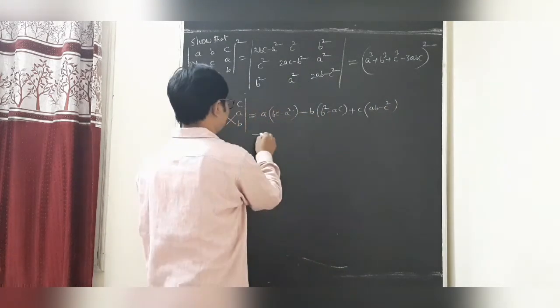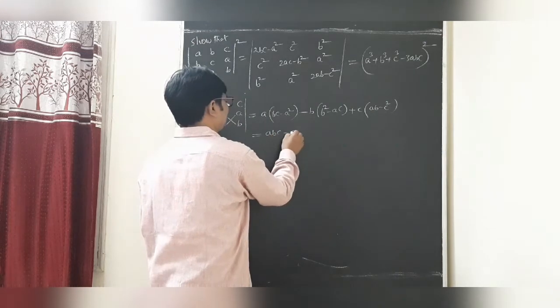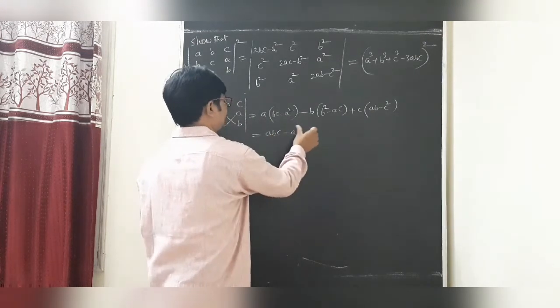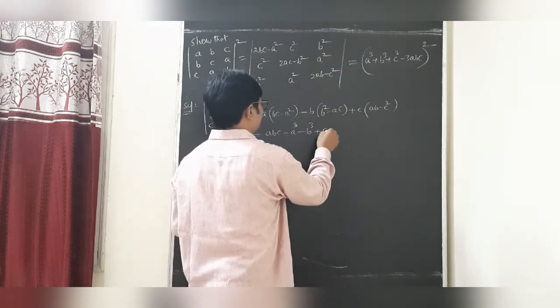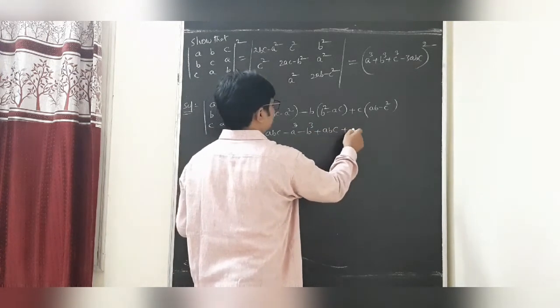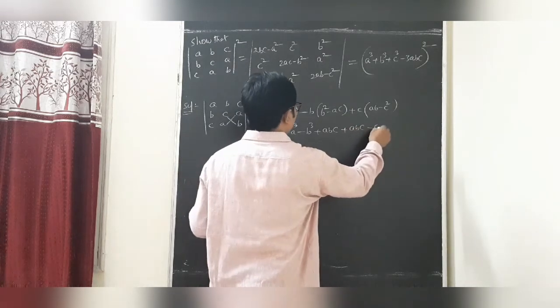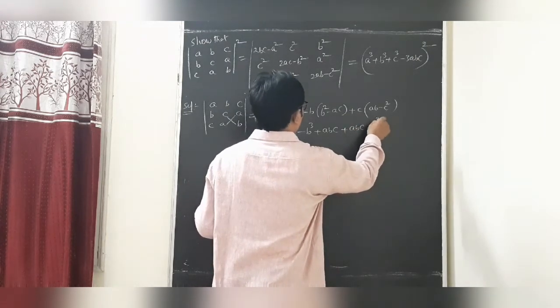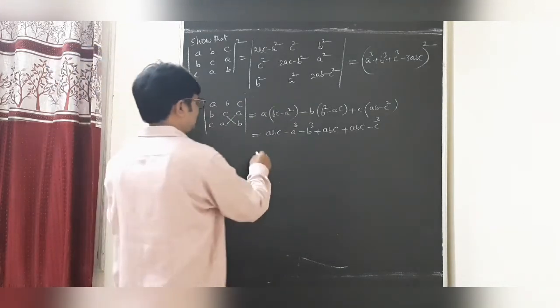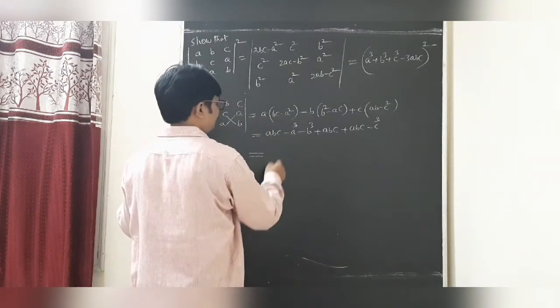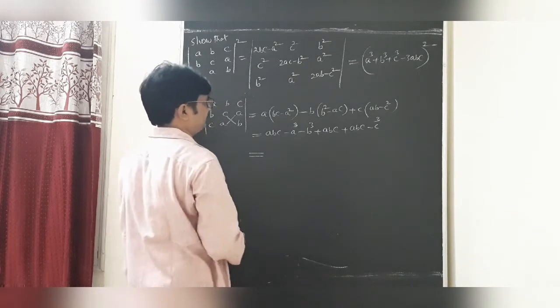So this is ABC minus A cube, after that minus B cube plus ABC, this is also ABC, minus C cube. This is ABC, ABC, ABC, that is 3ABC.